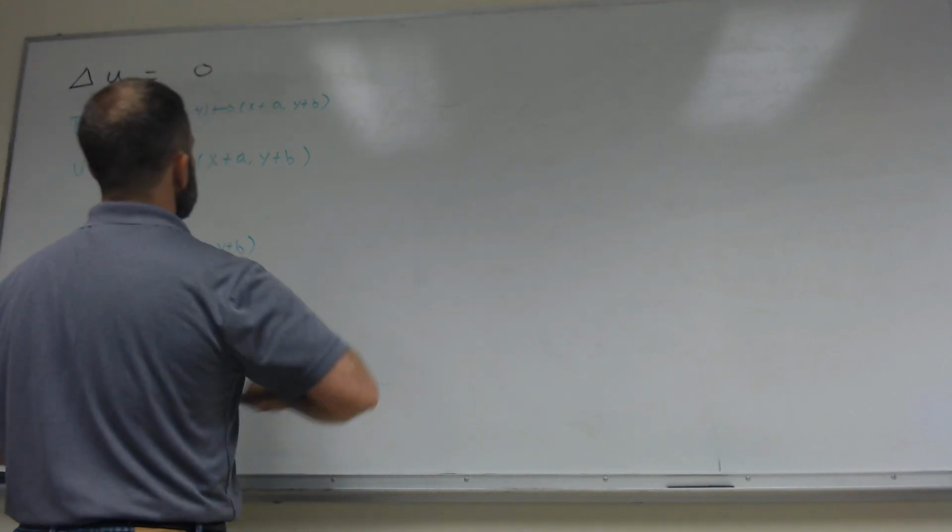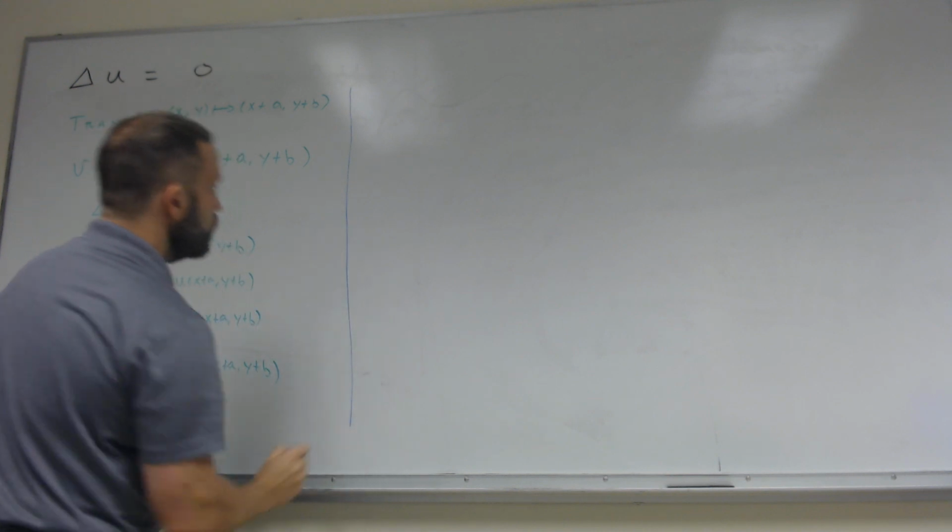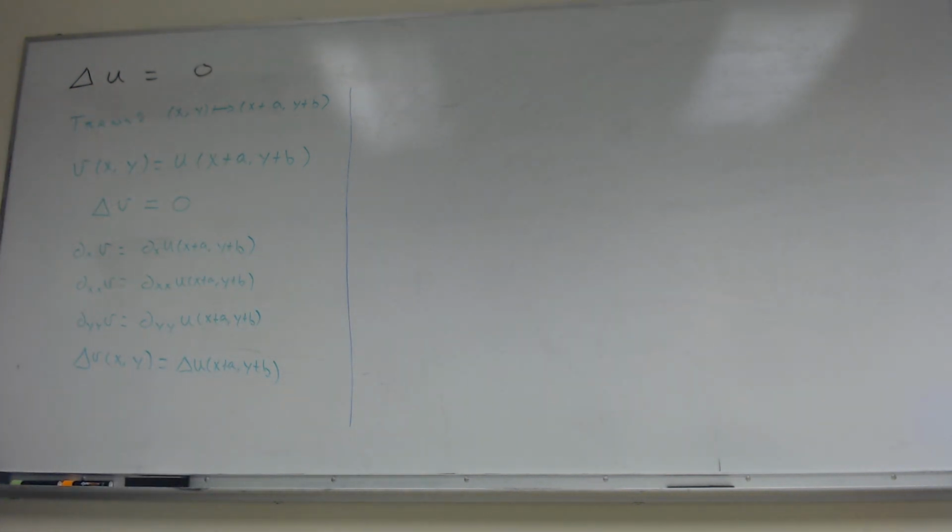Okay, what about dilations? So dilations we need to be a little more careful with on what exactly we mean by invariant. I mean this equation is invariant under dilations.